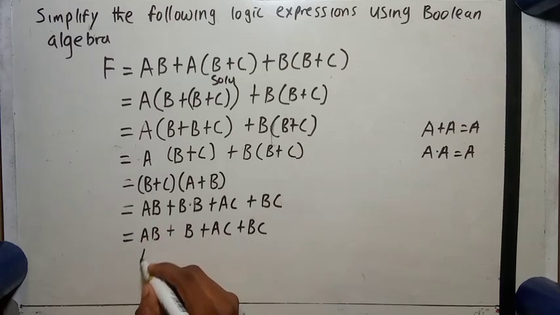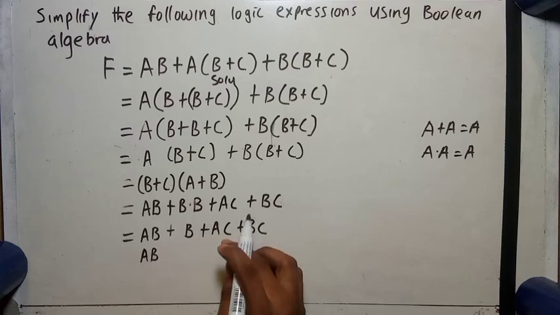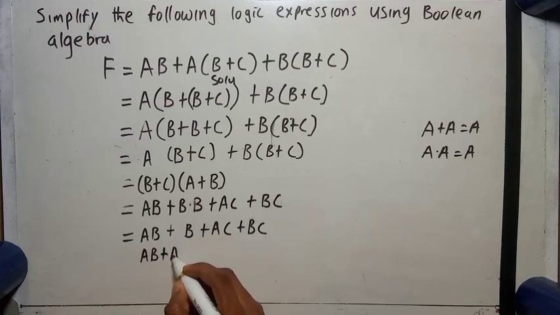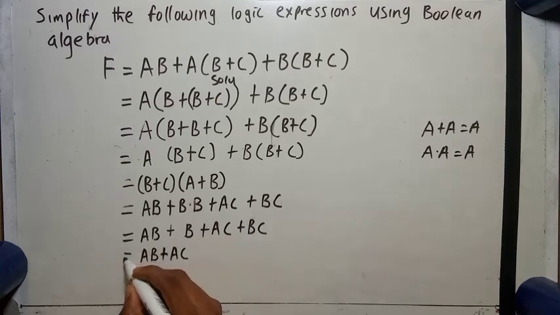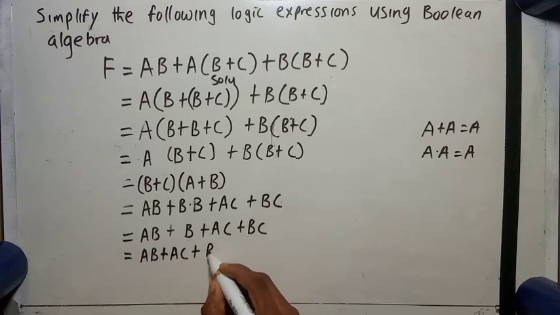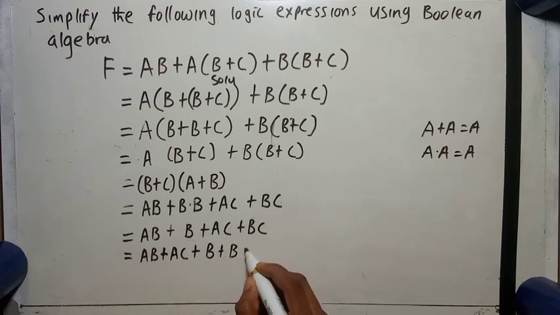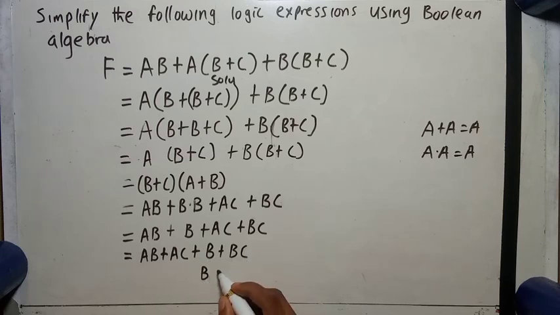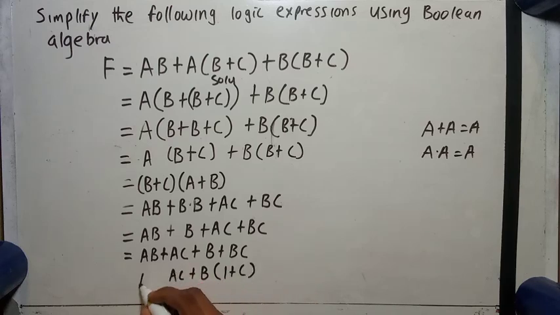So we can write this as a b, taking this one, plus a c. Now these two plus b c. B is here, b is here. We can factor out b, and we're left with 1 plus c.